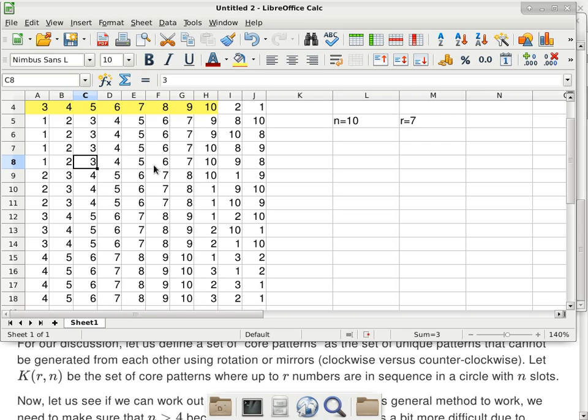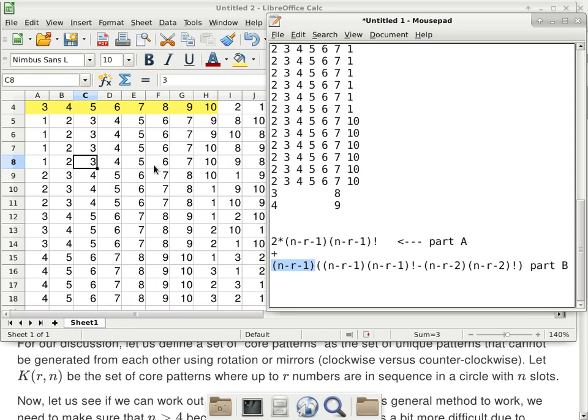Because it's n minus r minus this number, but you have to add 1 because we are not looking at the difference; we are counting the number of items. So this is where I come up with this n minus r minus 1. If you focus on 1, then it looks like this.